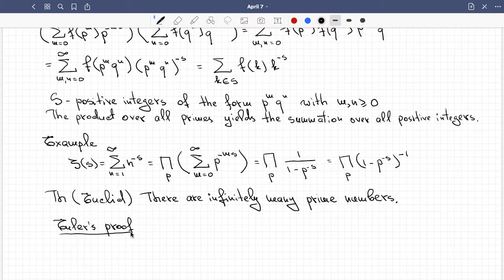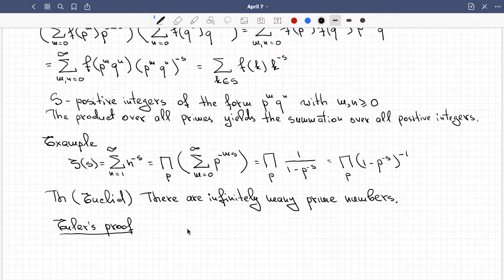And this proof uses completely different ideas. So this proof is based on this example which we have just written.